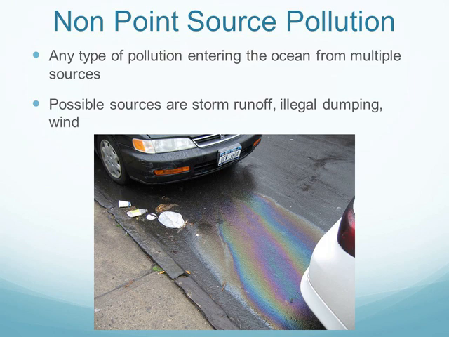Where did that paper plate originate from? I'm sure it didn't originate from the sidewalk right there. Pretty sure maybe a nearby restaurant, but we don't know. It's not like that paper plate has the name of the restaurant where it came from on it. So generally, possible sources of non-point source pollutions will be storm runoff, illegal dumping, and the wind as well, right?